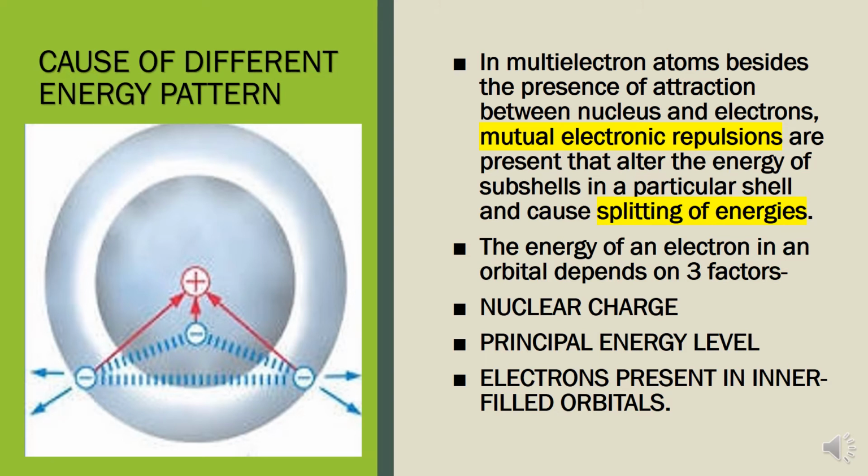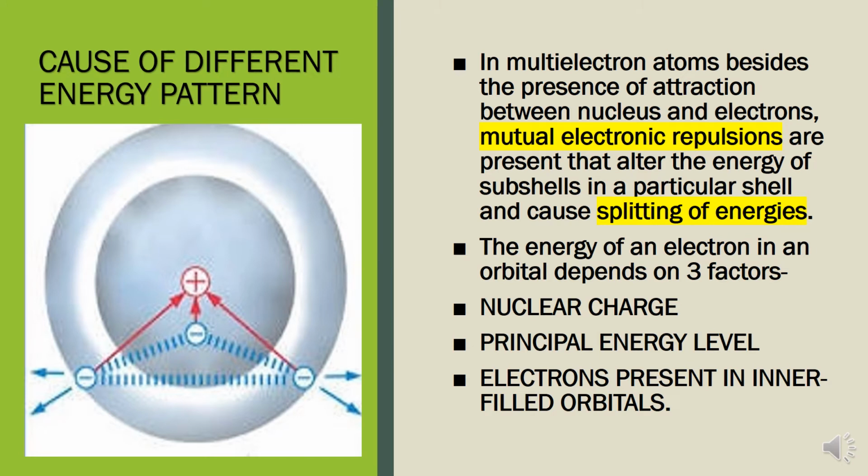But when the number of electrons increases in a shell, then mutual electronic repulsions also increase. It means when there is more than one electron in a particular shell, they will obviously repel each other due to similar charges. And this new type of electronic repulsion results in splitting of energies of various subshells present in the same shell.